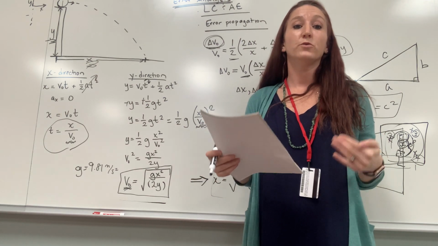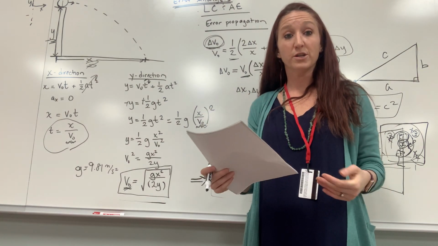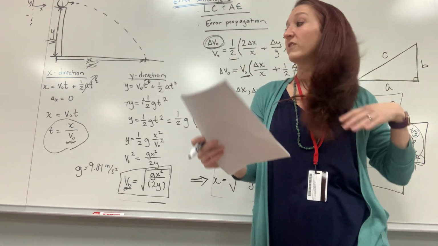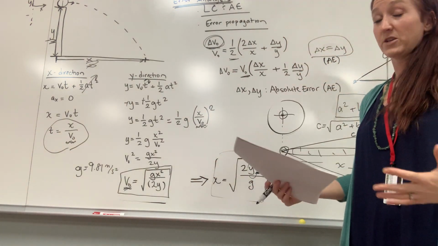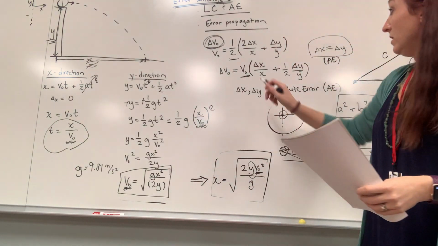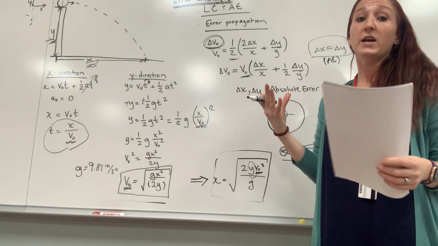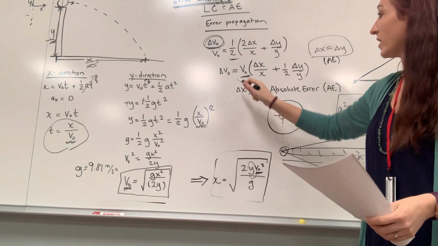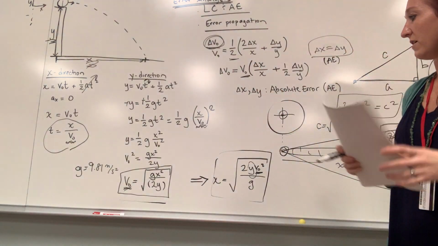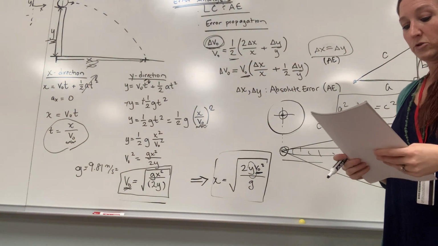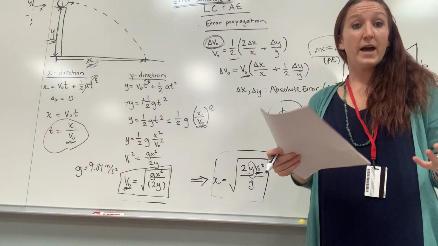They do tend to account for higher errors than some of our more finely tuned or digital measuring devices. So we're just seeing how much they contribute because of their inherent sensitivities to our actual value of V naught, okay? So for our error analysis, that is it for this week.